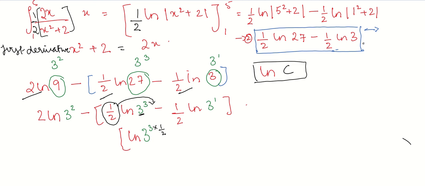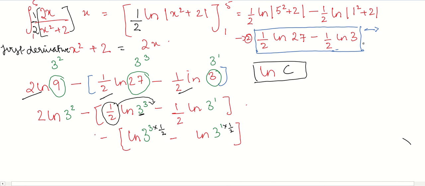Similarly we're gonna do the same thing here, ln 3. Okay, ln 3, 1 multiplied by 1 by 2, right? And that minus, we can do the same thing here as well, ln 3 raised to 2 multiplied by 2.